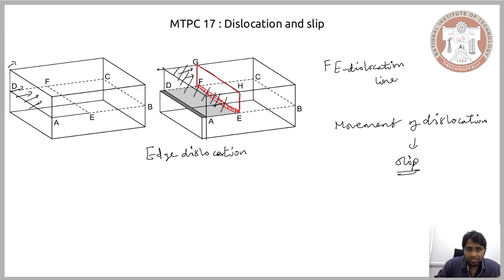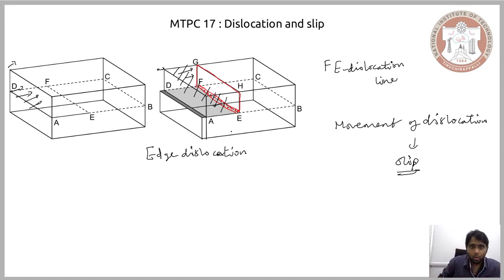So a particular section of the material has slipped with respect to the other region of the material. So in this case, we have a slipped region and we have an unslipped region. So when the dislocation moves, we have a formation of the slipped region, and the region wherein the dislocation has not moved, we refer to as the unslipped region.